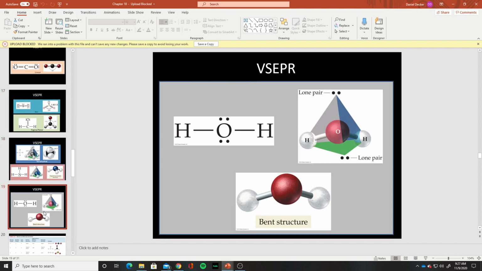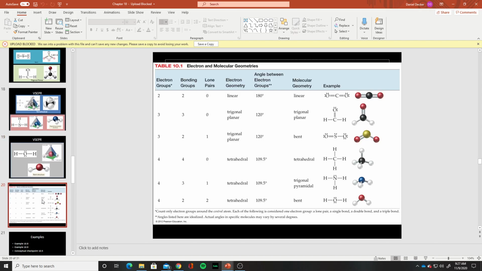I'll either give you an already completed Lewis structure and then give you multiple options for you to pick the correct VSEPR structure, or I will just give you general information. And so I might say, you have a structure that has 2 lone pairs and 2 bonds on the central atom. What would be the molecular geometry for this molecule? So I'm not giving you the Lewis structure like you have here, but that is more than enough information to work out what the geometry is.